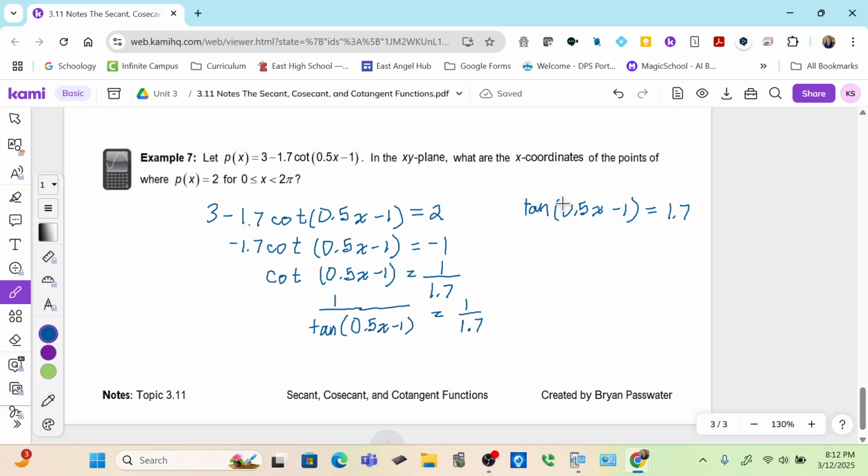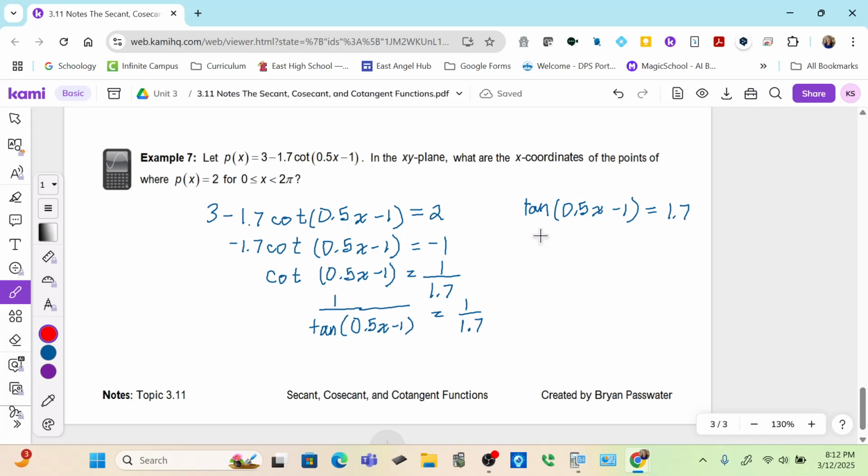Now, in order to isolate the x, we haven't really done this up to this point. In order to undo this tangent function, I'm going to have to do the inverse of it. I'm going to have to take the arctangent of both sides.